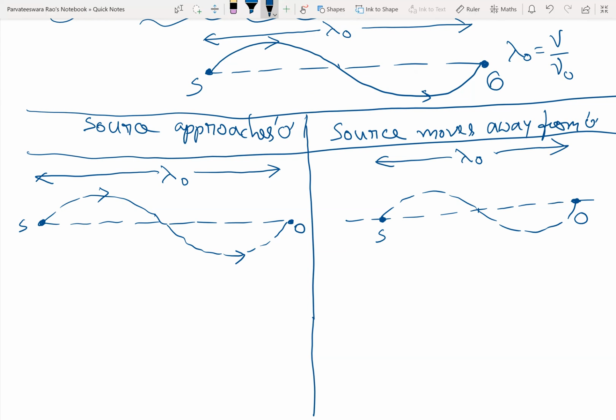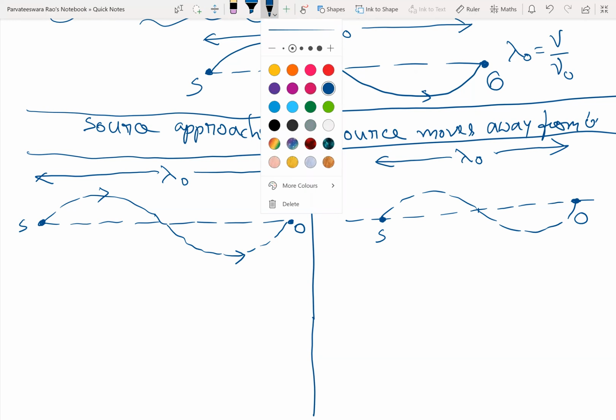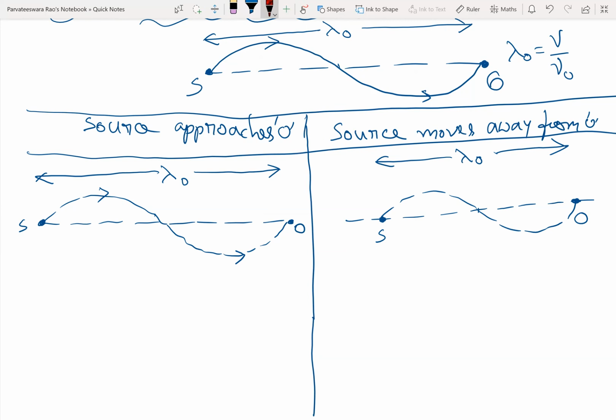Now, the observer is remaining stationary while the source started moving towards the observer with a speed Vs. Then the distance to be covered by the sound waves to reach the observer will be reduced.